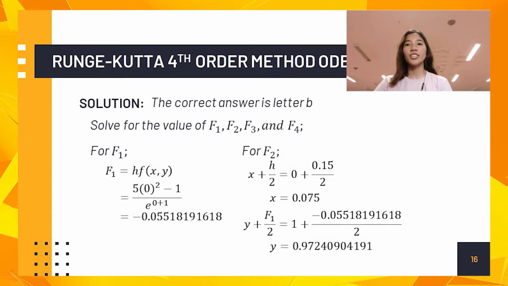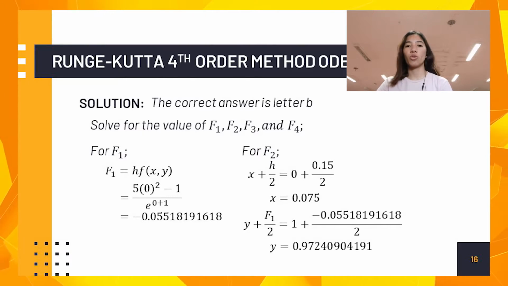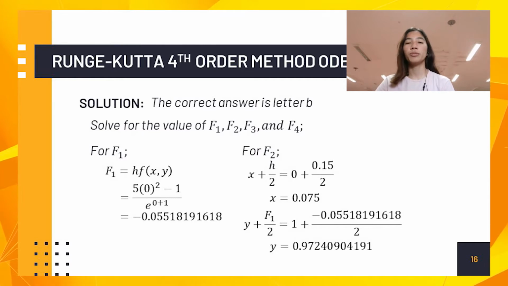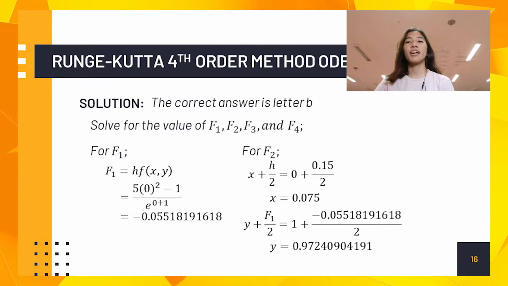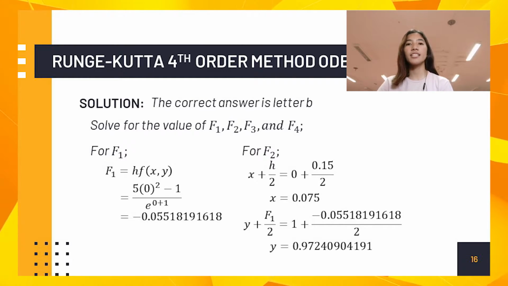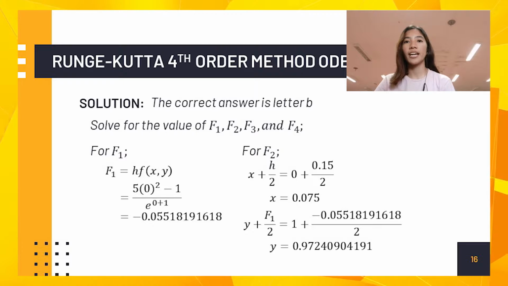0.0551819168. Unlike in solving for f1, in solving f2, new values of x and y need to be solved first. For x, plus h over 2 will be used, which results to 0.075. For y, plus f1 over 2 will be used, which results to 0.97240904191.